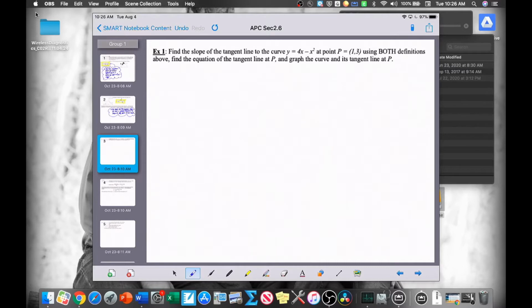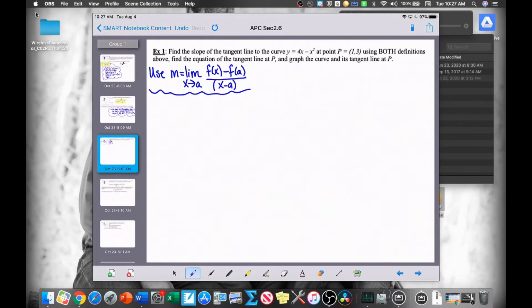All right, so first I am going to use the equation m is equal to the limit as x approaches a of f of x minus f of a over x minus a. That is the first thing that I am going to do.